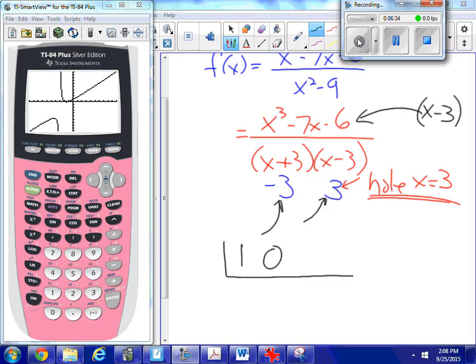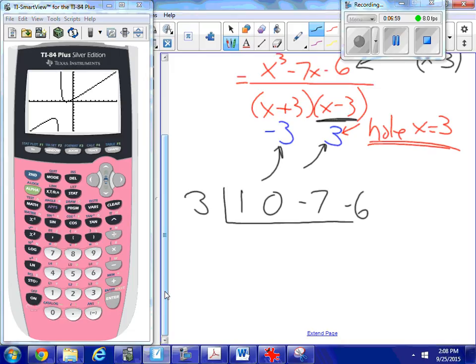My power of 1 is -7. And my power of 0, my constant, is -6. And if I use synthetic division with x equals 3, then I should find out whether or not this is indeed a factor of this polynomial. So let's use synthetic division.